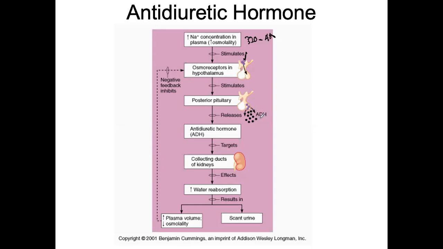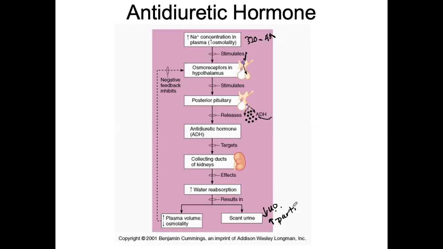Posterior pituitary is going to release ADH into the bloodstream. ADH is going to go to the collecting duct of the kidney, so that's your effector, and it's going to cause water to be reabsorbed. That's your response. So water is being reabsorbed. That means urine output drops, right? So you have a drop in urine output. And because you have more particles, what happens to the specific gravity of urine?